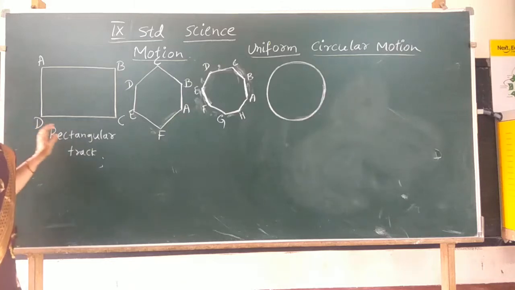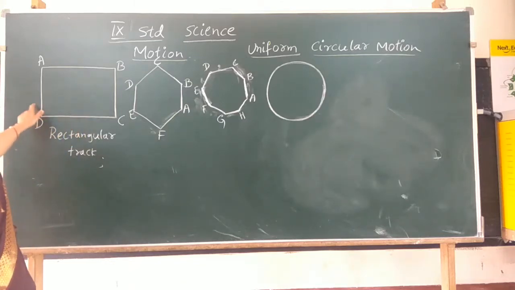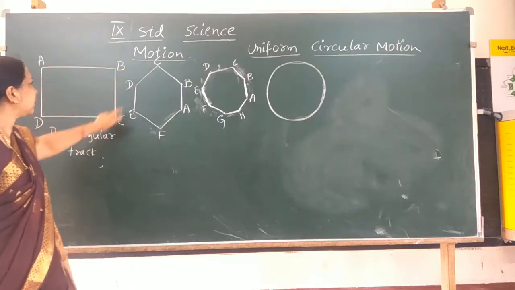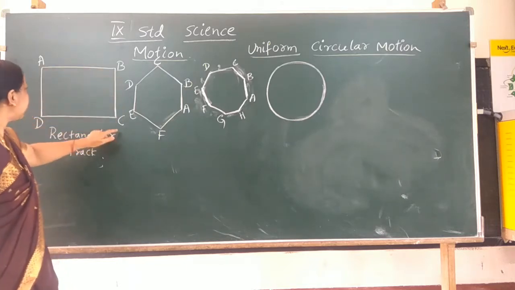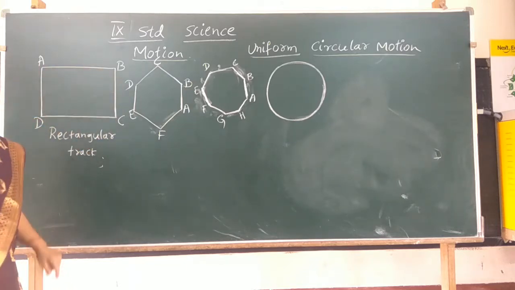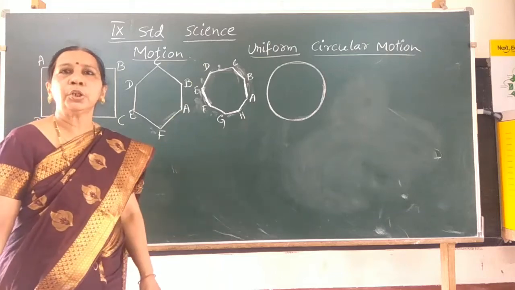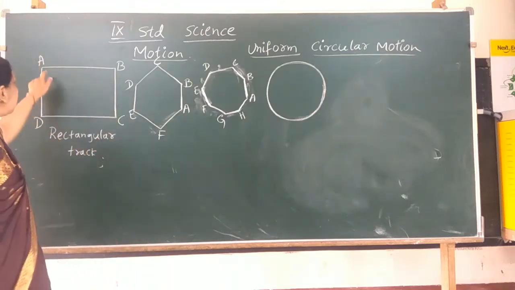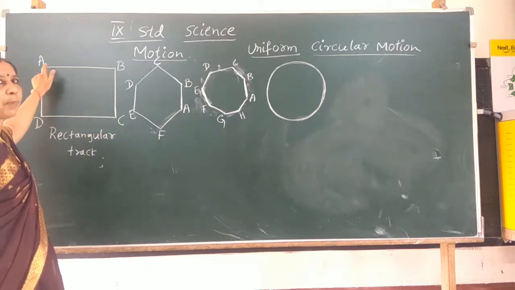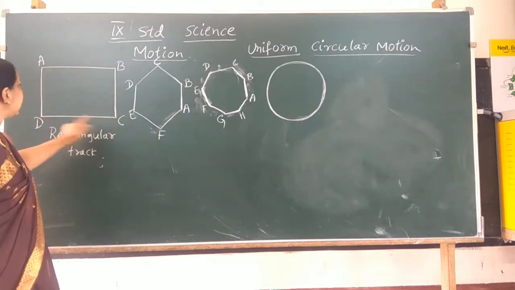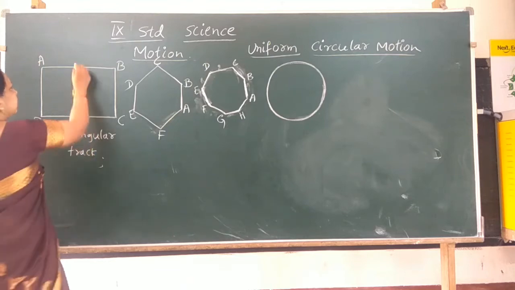An athlete runs with uniform speed along this rectangular closed track ABCD, on the straight paths AB, BC, CD, DA.